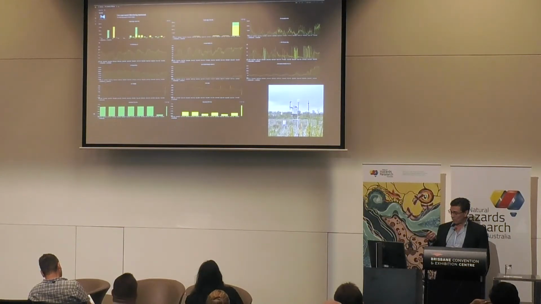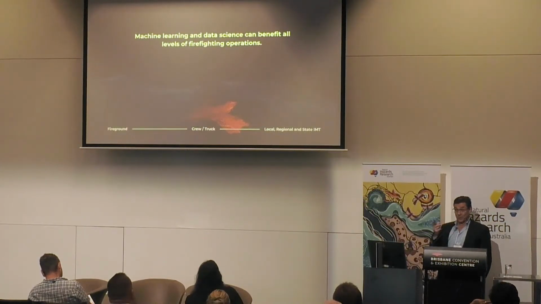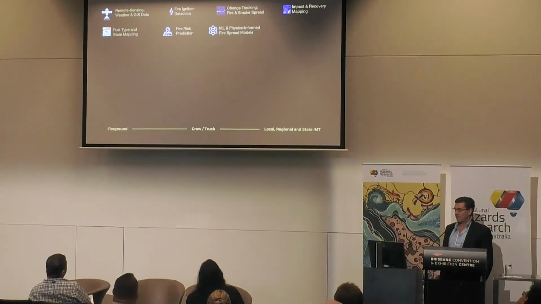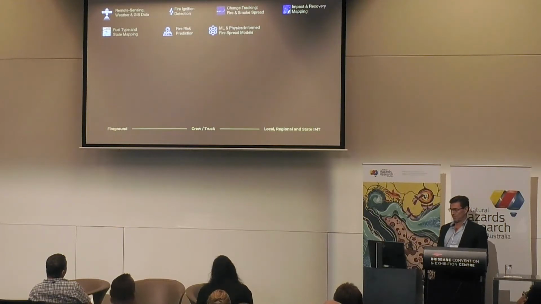And the problem with this is that we just end up with more data. So what do we do with the data, and how do we take that machine learning and data science to benefit the operations of firefighting? So we're looking at things like remote sensing with weather and GIS data, fire ignition detection, fire and smoke spread, impact recovery mapping, fuel mapping, fire risk, and machine learning and physics-informed fire spread models.